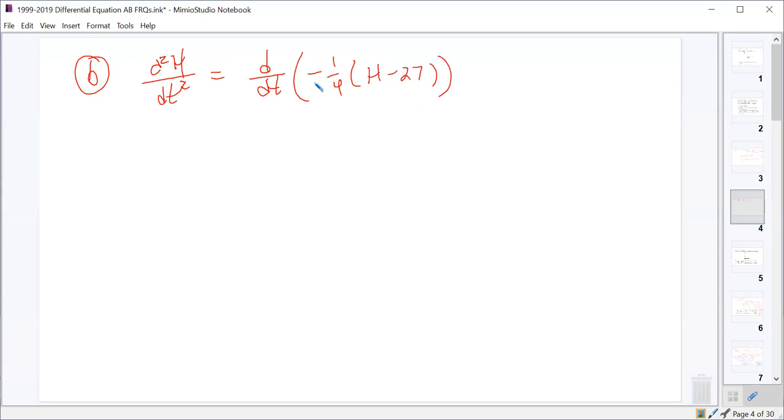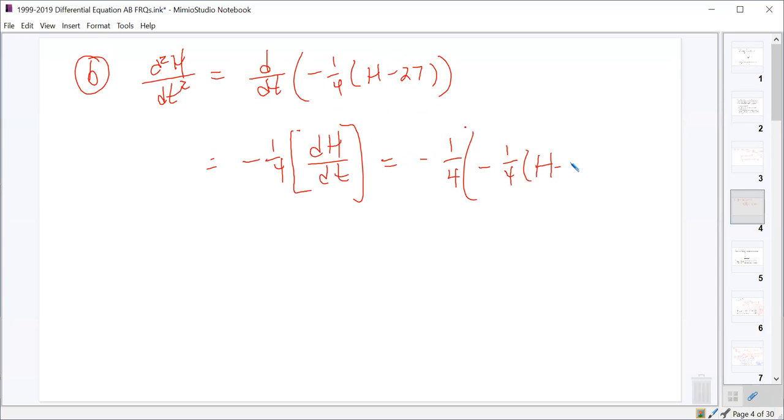Okay, and so the derivative of this should be negative 1/4 times the derivative of h with respect to t, which is just dh/dt, and then the derivative of the minus 27 is 0. And so this should become negative 1/4 of dh/dt. Well, dh/dt was negative 1/4 of h minus 27.